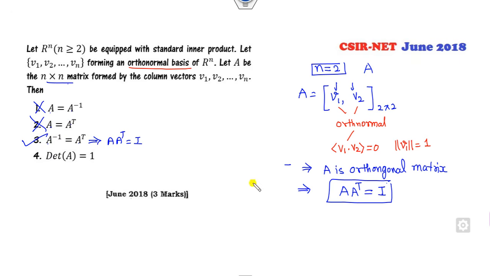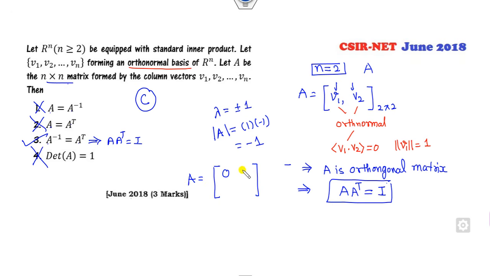Now what is the determinant? We all know the eigenvalues of an orthogonal matrix are plus minus 1. So what is the determinant of this? It is 1 and minus 1. It's a minus 1, but he said plus 1. So this option is also cancelled. The correct option is C. Another way, you can think about any orthogonal matrix.